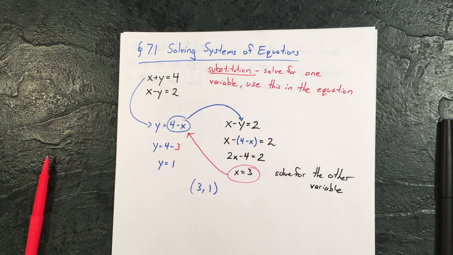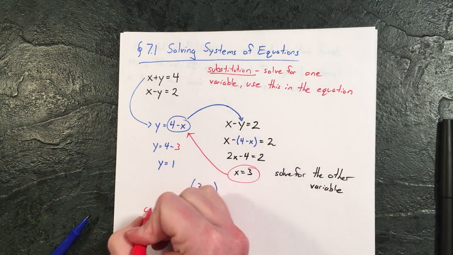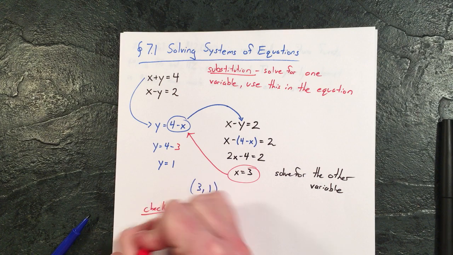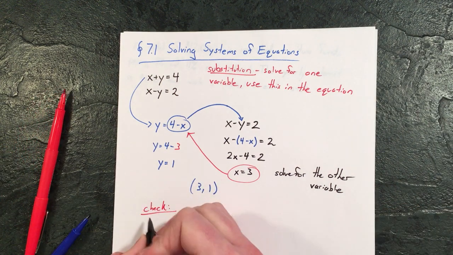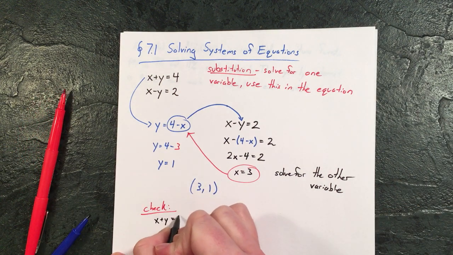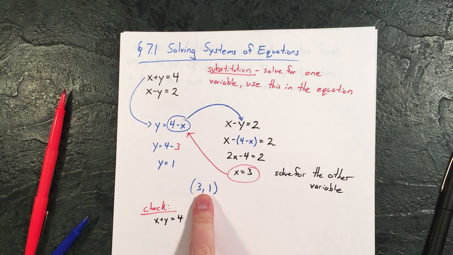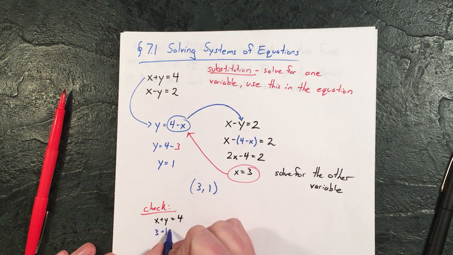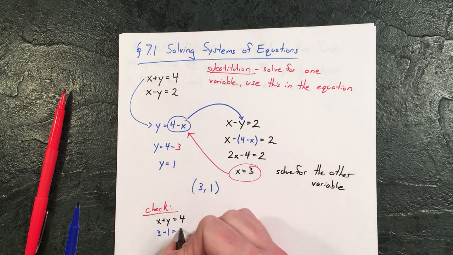In case you're uncertain or double guessing yourself, is this right or not? What's great about all of these systems is that you can always check them. The nice, easy check is to take the original equation and plug in the answers you have. Here we had 3 and 1. Does that equal 4?